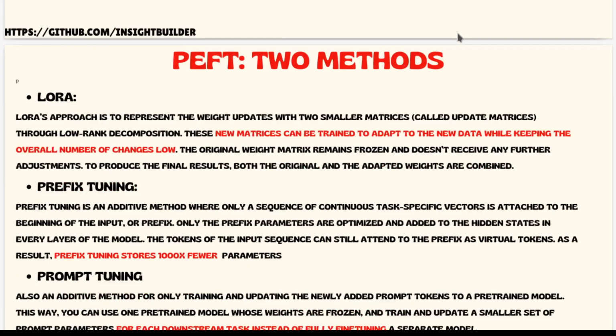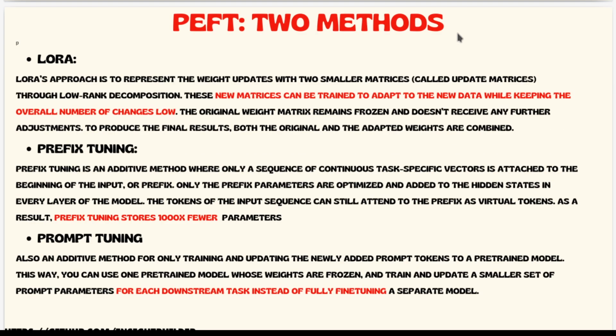I was talking about a couple of methods you can use for parameter efficient fine tuning, and among them LoRA is one of the methods. It is called low rank adaptation, which basically creates two update matrices. When new data is given to fine tune, only the update matrices are fine tuned.